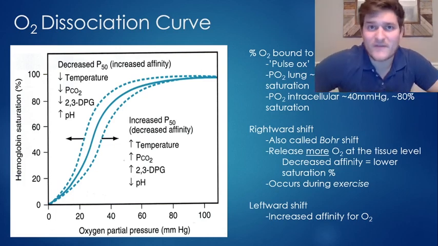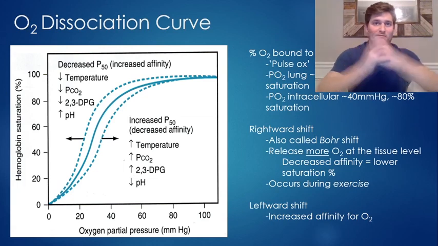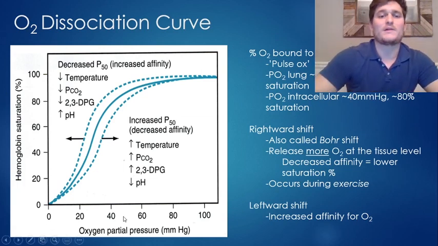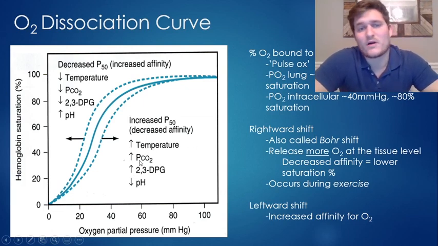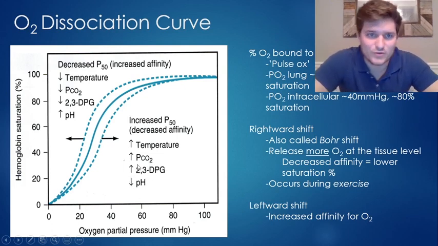Now, there are other factors that can also impact the affinity of oxygen to hemoglobin, or the strength of binding from oxygen to hemoglobin. And those include temperature, carbon dioxide, what's called biphosphoglycerate, a product of metabolism, and then the level of hydrogen ions.